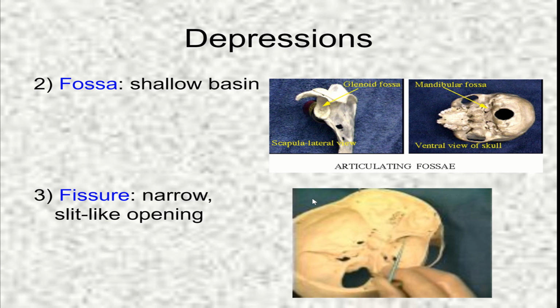You also have a fossa, which is a shallow basin. These are usually going to be on the opposite side of a condyle. This would be something that would cup a condyle in order for the articulation to occur. And then fissures are slits.